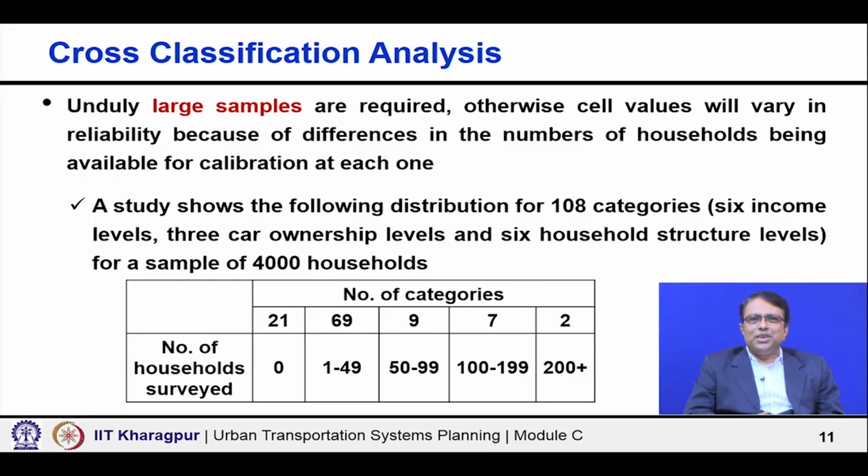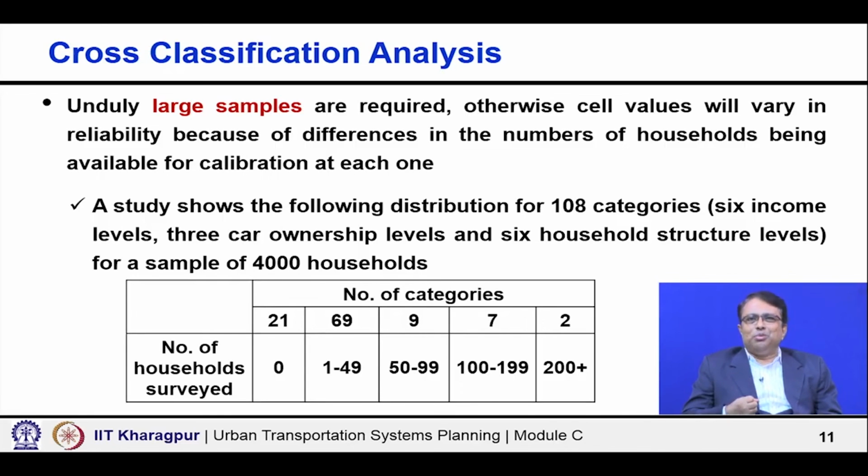So, if I simply say that at least 50 samples should be there, then you have representative samples for only 9 plus 7, 16 plus 2, 18 cells out of 108. So, just think how data hungry it is.